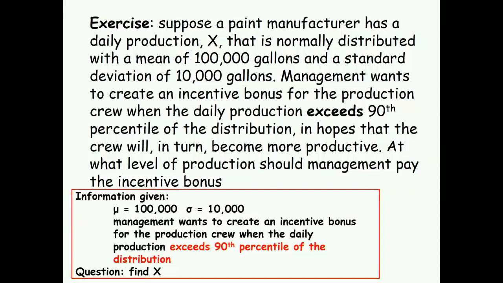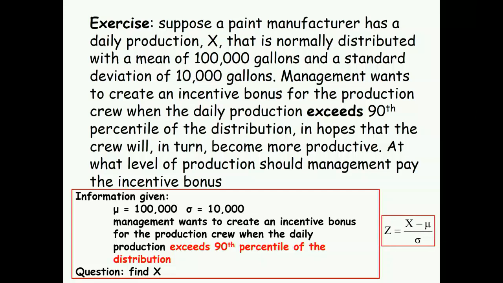This information is given, this is given, and again this information is given. Exceeds the 90th percentile. The 90th percentile would be almost the whole, only 10% is remaining. So I have to find the 90th percentile z value, because z equals x minus mu divided by standard deviation. Standard deviation is given, mu is given. I need to find z. Once I find z, I could find x.